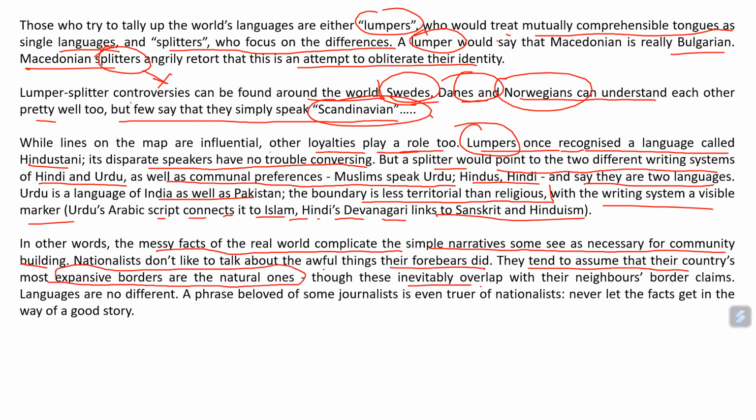Though these inevitably overlap with their neighbors, border claims and languages are no different. A phrase beloved of some journalists is even truer of nationalists: never let the facts get in the way of a good story. So when you want to do something good, you shouldn't have that barrier in your mind. So that's the conclusion that the author wants to convey from here, right?